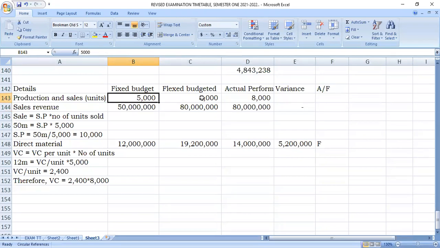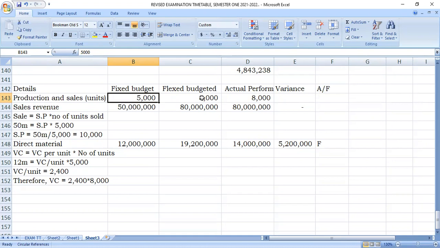You use the fixed budget to flex so that the level of activity is the same. The fixed budget is formed looking into the future, but it hasn't happened yet. So due to uncertainties, your budget will always be different from your actual.